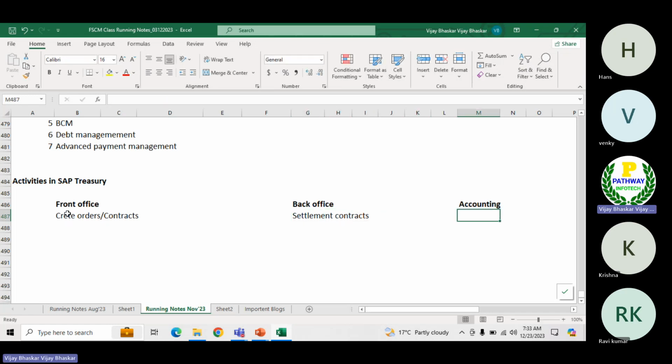Or finally the accounting. Because let's say I have placed the order by using front office functionality, somebody else is doing the settlement of that contract. I am not the person performing all the activities in all the ways. That is the reason we have different kinds of activities. So in front office, I have placed the order.